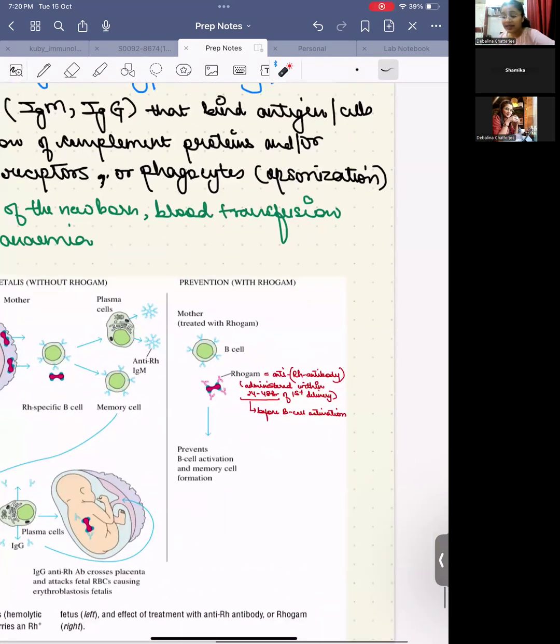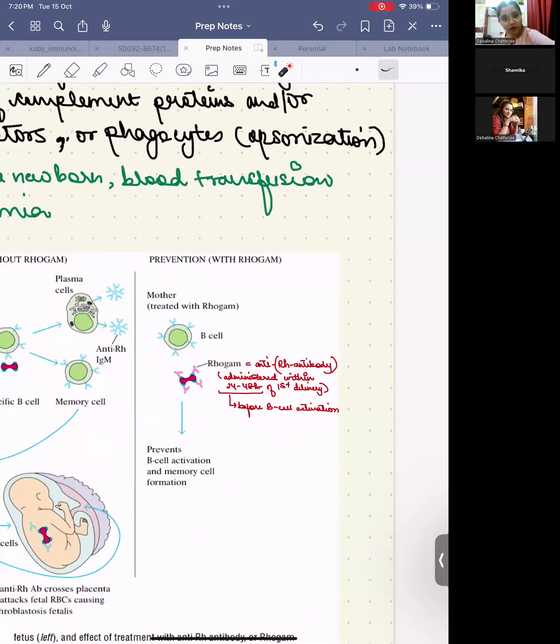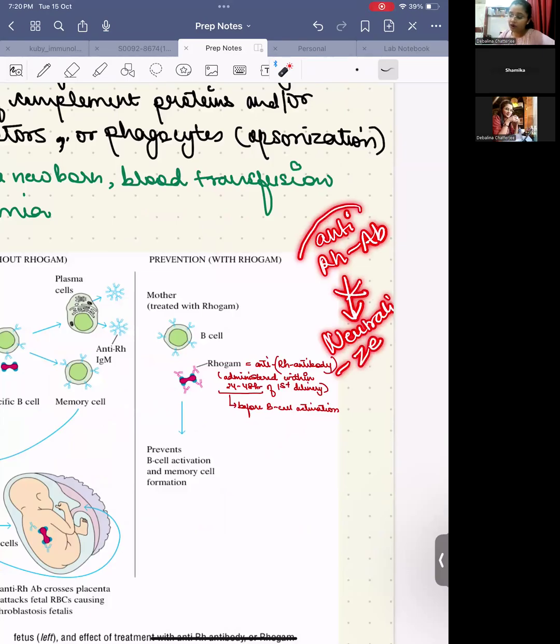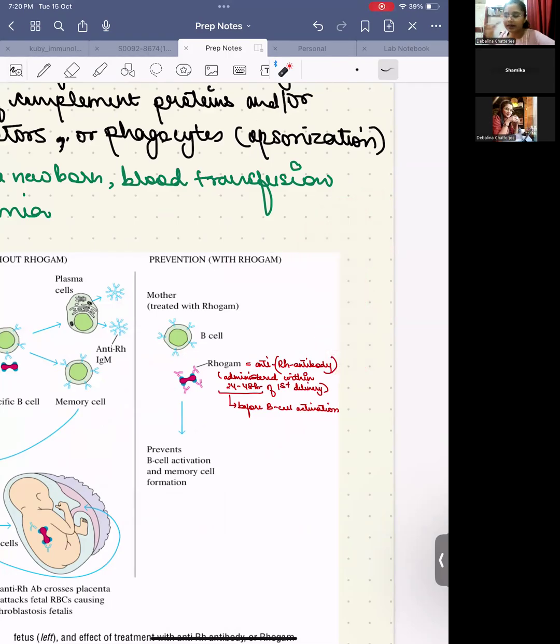Now, this condition can be prevented. There is a way of preventing it. How? If we can neutralize this anti-Rh antibody, which means we block the binding of this antibody to the Rh, then this entire situation can be prevented.